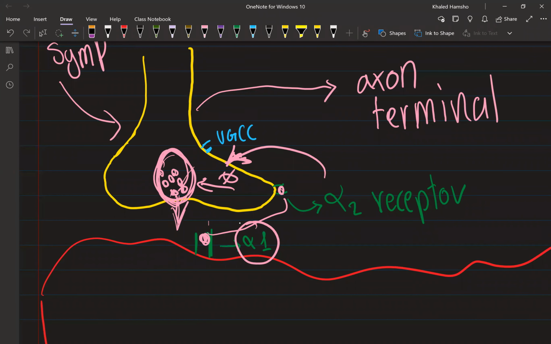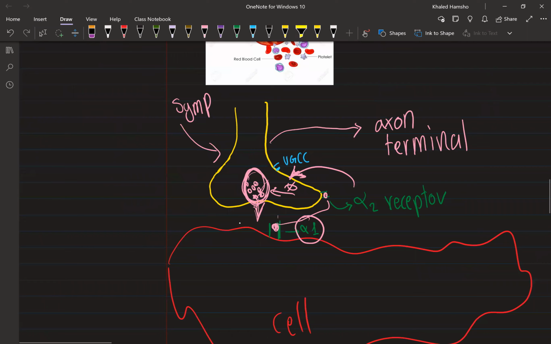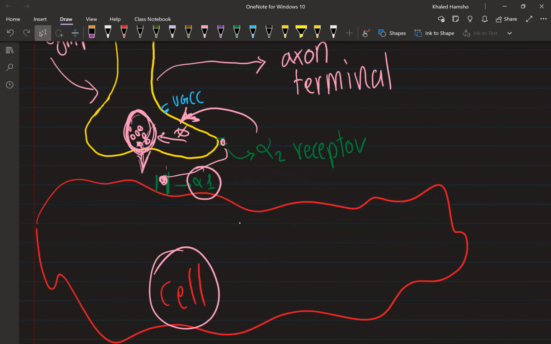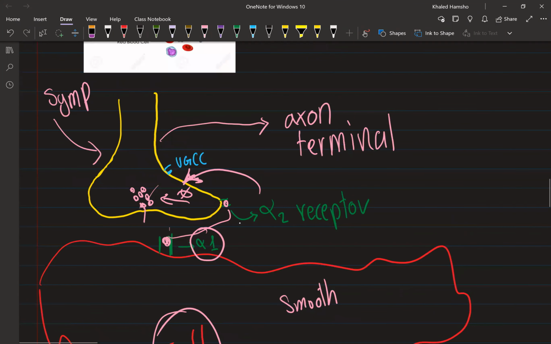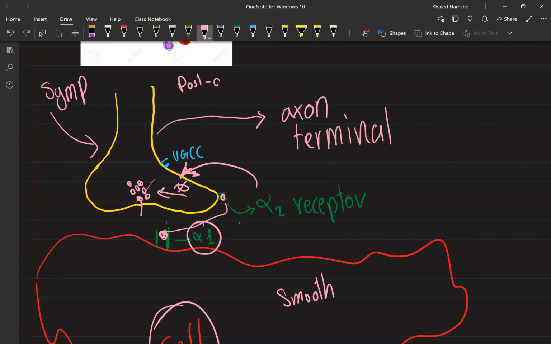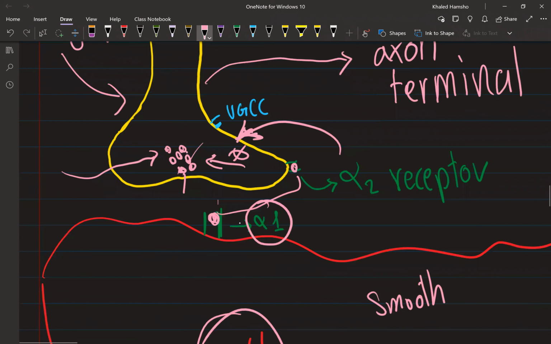Okay, so this diagram, all it's showing is the cell over here. Say this is a smooth muscle cell, smooth muscle. And say this is the sympathetic nervous system. So remember the second neuron, postganglionic neuron, that's adrenergic. This thing releases norepinephrine. So these small particles are norepinephrine.